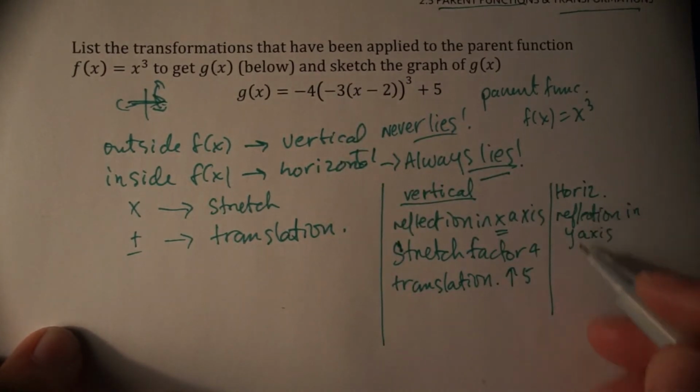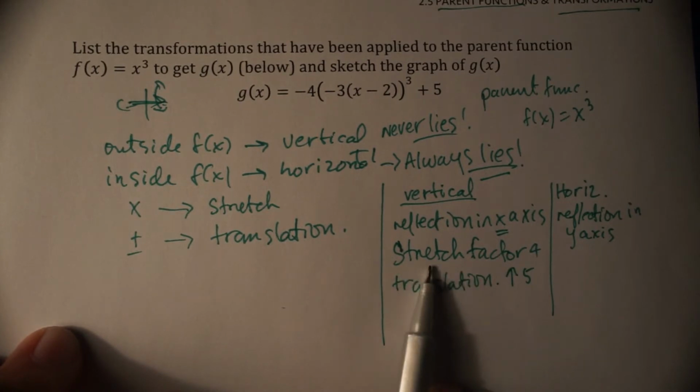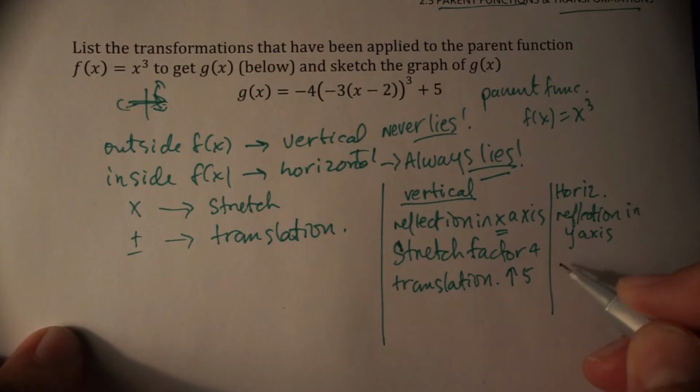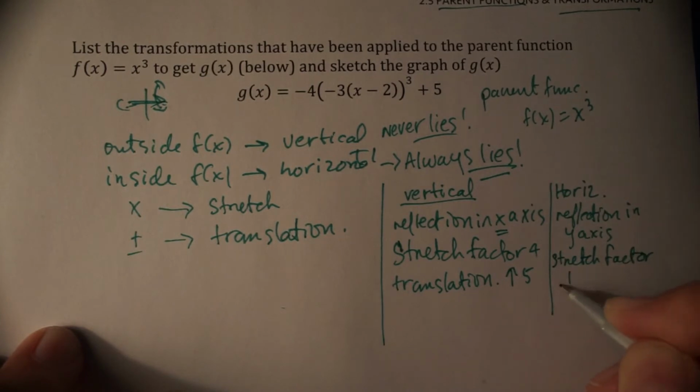So for example, in this case, now, there's a lot of controversy about the word stretch, and I've come across this in my many years of teaching math. I never use the word compression, because obviously this is going to be a compression. I'll write down the stretch first. So horizontal stretch factor 1/3.